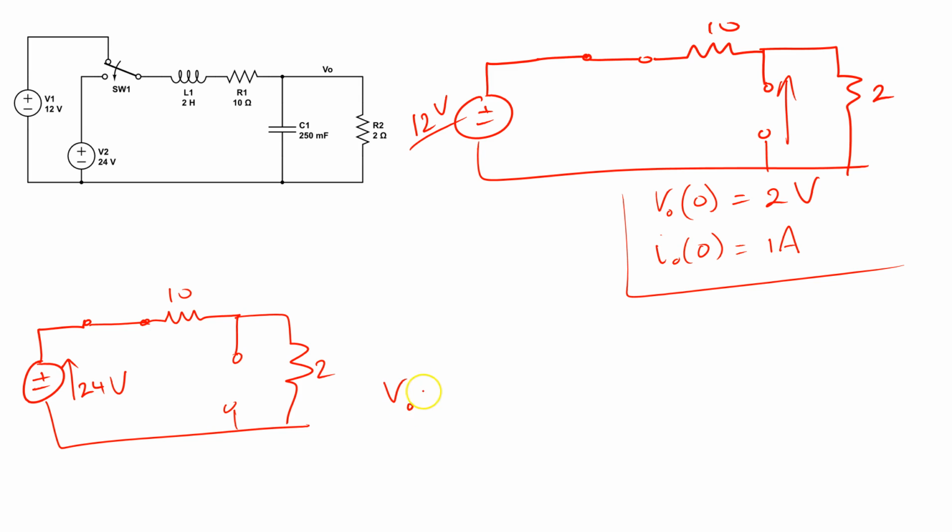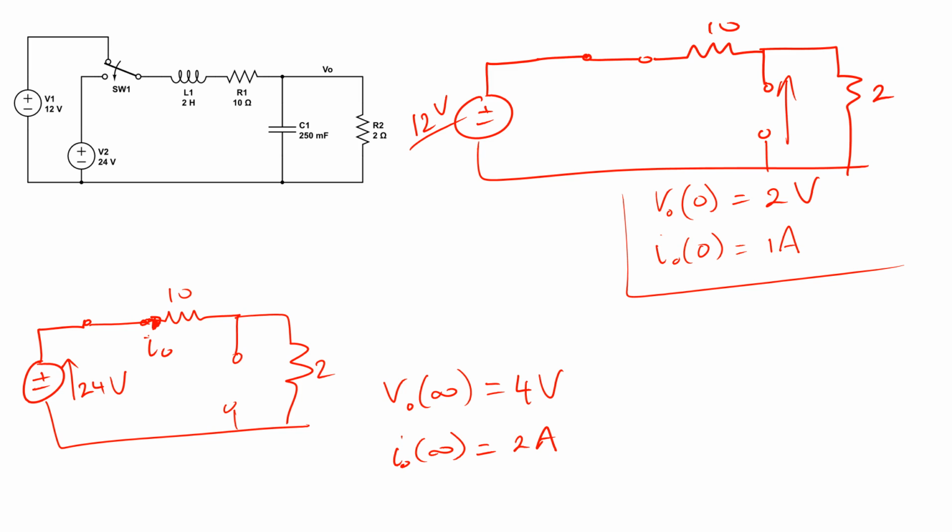So V0 at infinity should be equal to 4 volts, and I0 at infinity should be equal to 2 amps, which is the current coming in here.